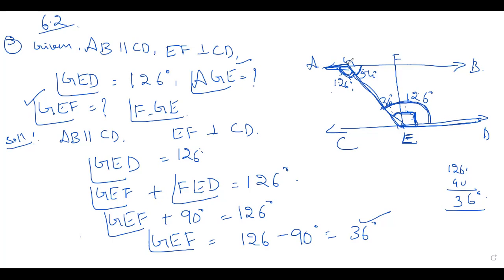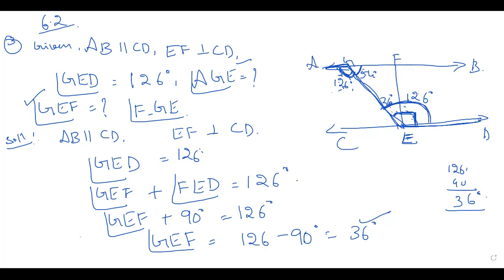Then AGE, these two we call alternate angles. If it is 126, this is also 126. So we got the second angle, that is AGE. Next, how to find out this angle? Total is 180. 180 minus 126, that is 54.